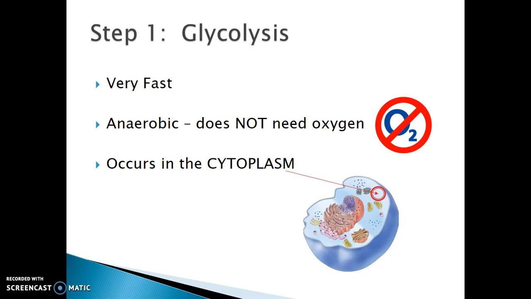So if you break that word down, it tells you what it's doing. Step one is incredibly fast and it's anaerobic. So this is the only step that we do not need oxygen for, and it's the only step that's not going to happen in the mitochondria. It's going to actually happen out in the cytoplasm of the cell.